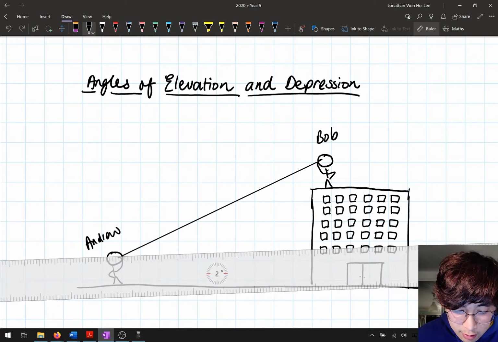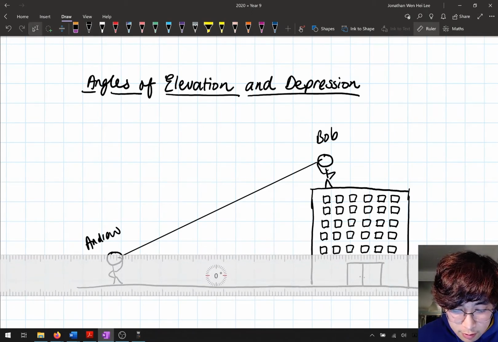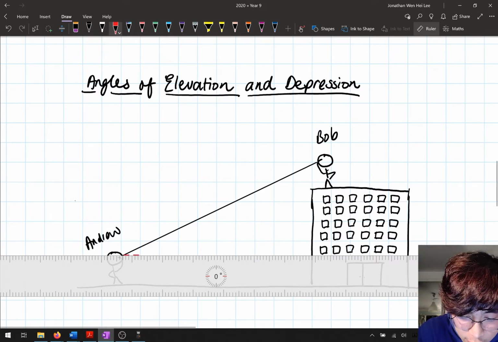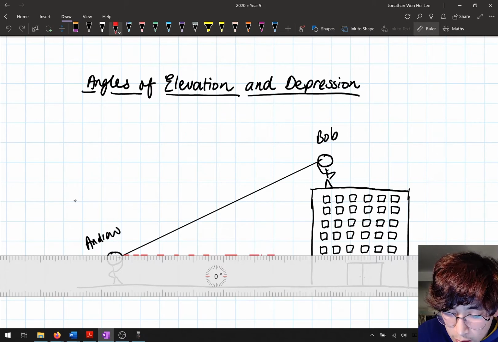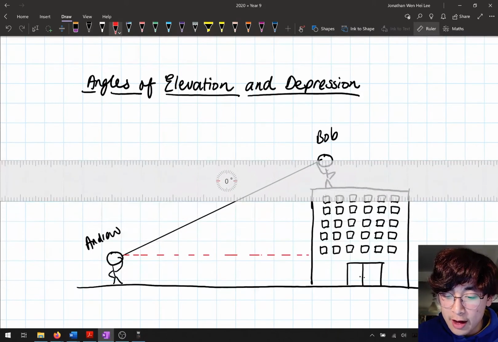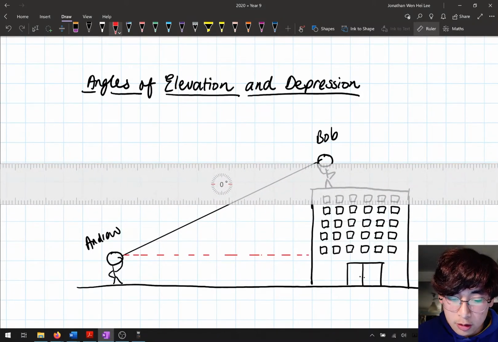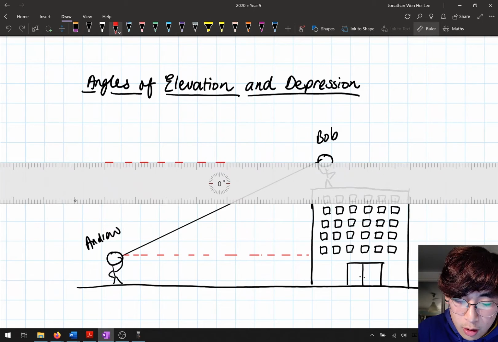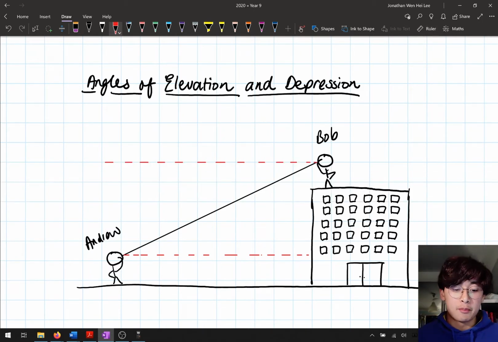There's a special term for this angle down here when Andrew is looking up at Bob. But there's also another special way that we can describe the angle that Bob looks down at Andrew from up here. Bob is looking down at Andrew at a particular angle as well, and we have special terms for that. Let's start from Andrew's perspective.